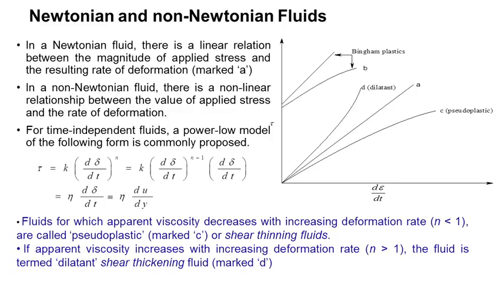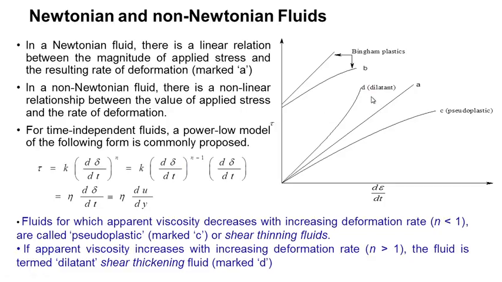The second situation, if the apparent viscosity increases with the increase in deformation rate, which happens for the situation marked as D here, is what is known as a shear thickening fluid or dilatant fluid.